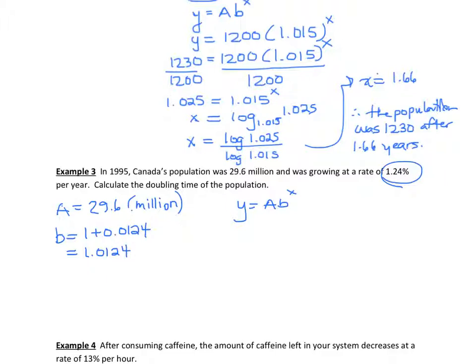And in this case, we're finding the time it takes for the population to double. So we're looking for when the population is double 29.6. So if we multiply that by 2, we're looking for how long it takes for the population to reach 59.2. And again, that would be million. Okay, so we fill these values into the formula.